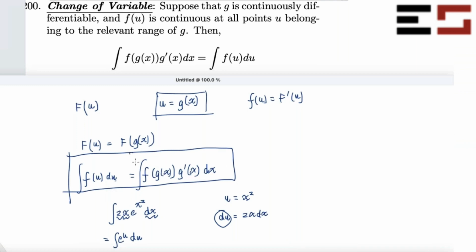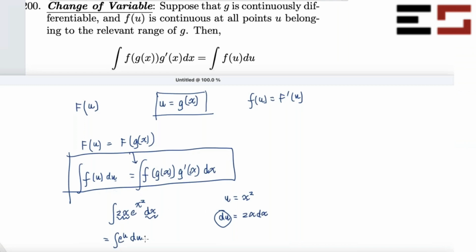We were given a problem on the right hand side, and we converted it into a problem like the one on the left hand side, which is easier to handle. Is that fine? So this is also a technique through which you can solve integration problems.